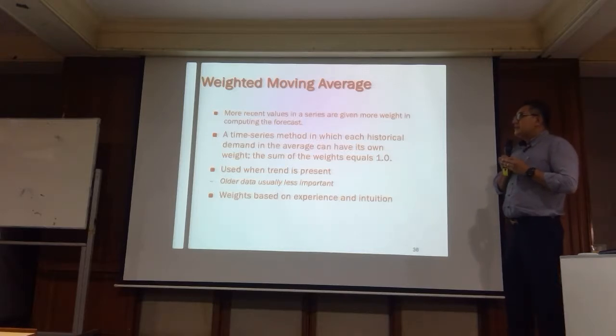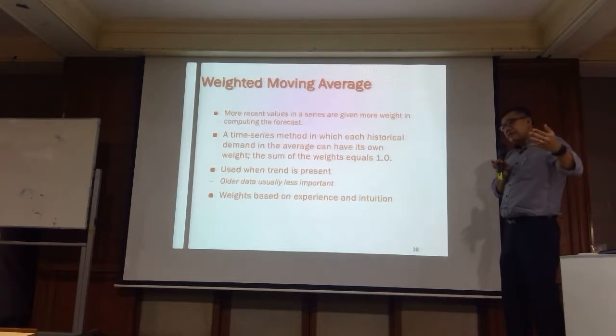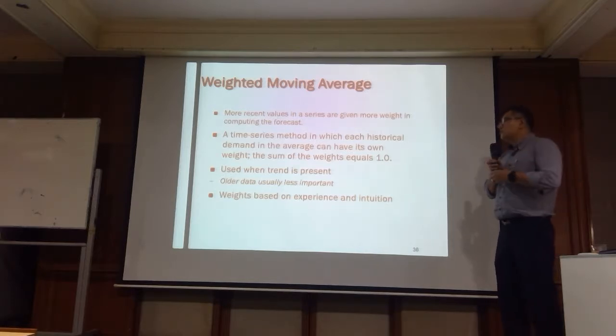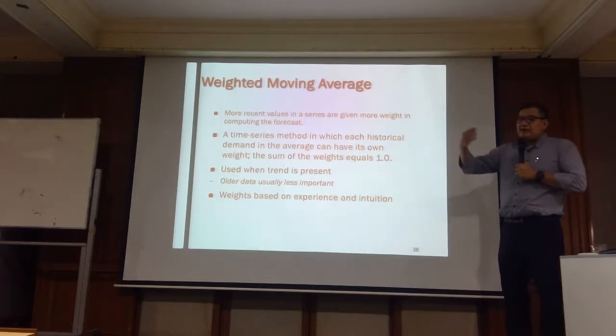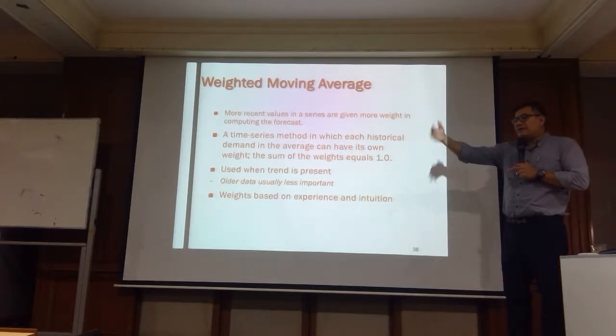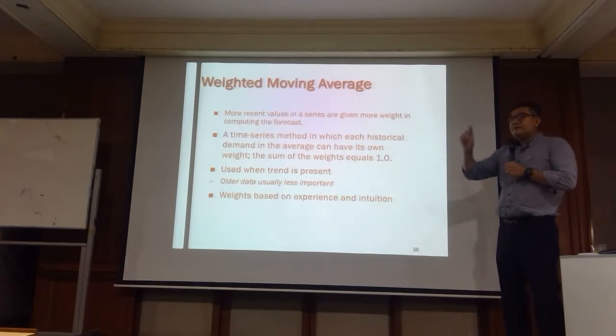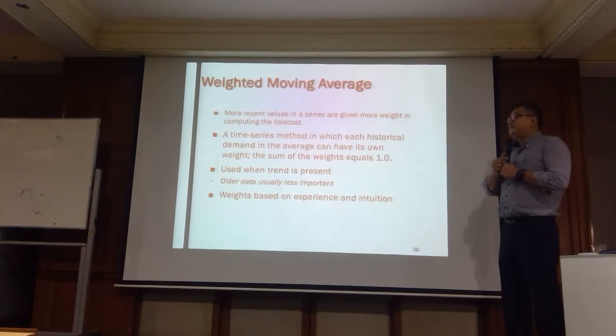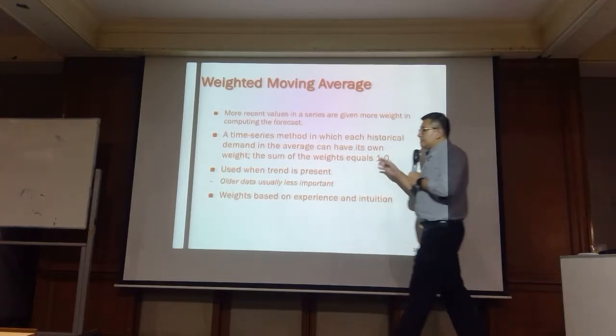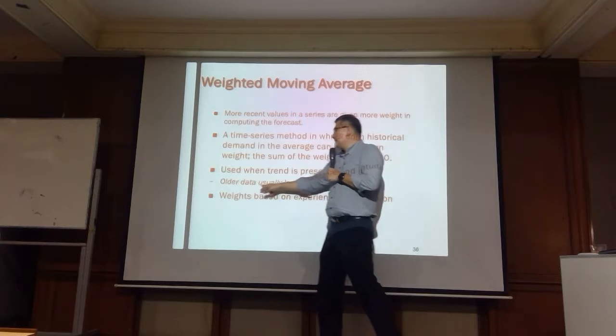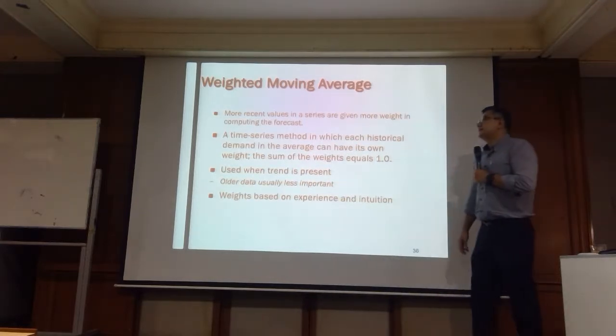In this case, the concept is that the weights should sum to 1, or 100%. It depends on whether you give weight back to 1 period or 2 periods, it depends on the user. But the total weight equals 1, and the current one should have the highest weight. And this concept means that the older data is less important.